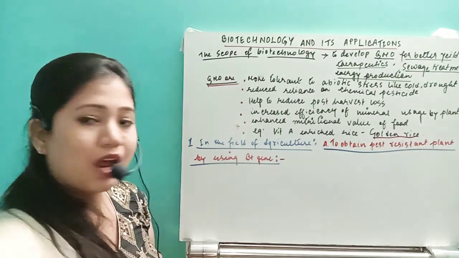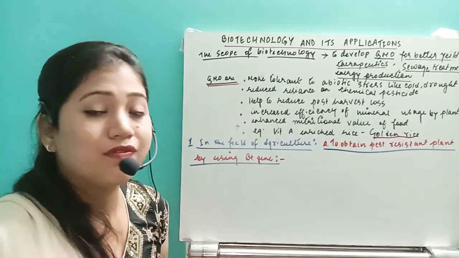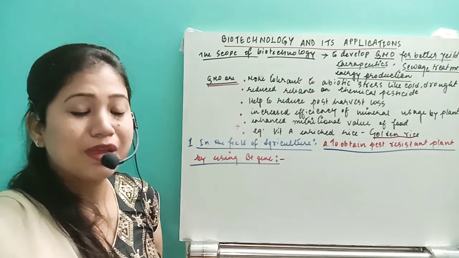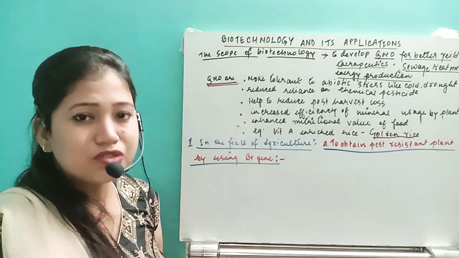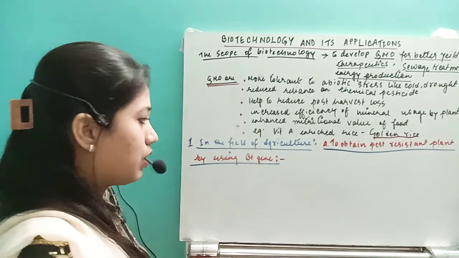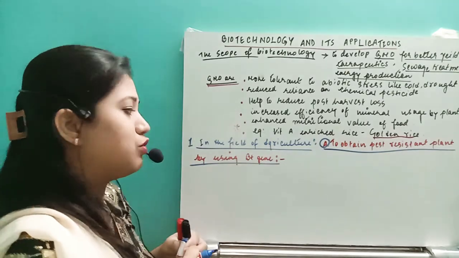So without harming the environment, at least we can harm the environment less. That's why this concept has arisen. One very important thing is to obtain the pest resistant plant by using Bt gene.